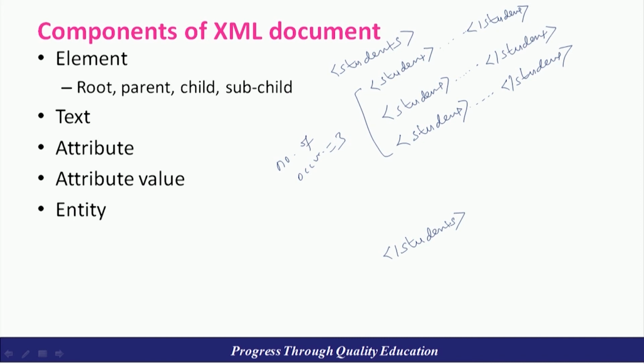It may be repeated exactly twice or thrice, or it is unbounded, n number of times. If I want, I can make a students file with more than 1000 student records. So it will be acting as a record. This is the first record, this is the second record, this is the third record, and so on. We will be having 1000 records in this way.